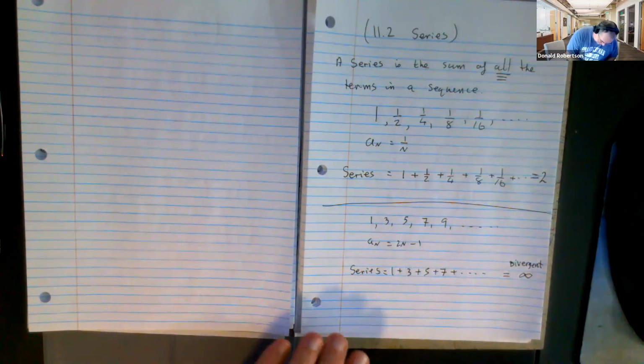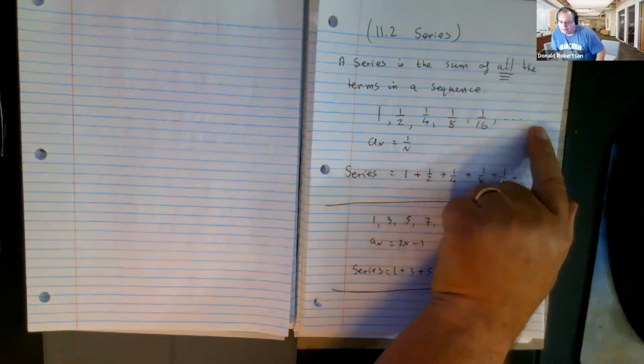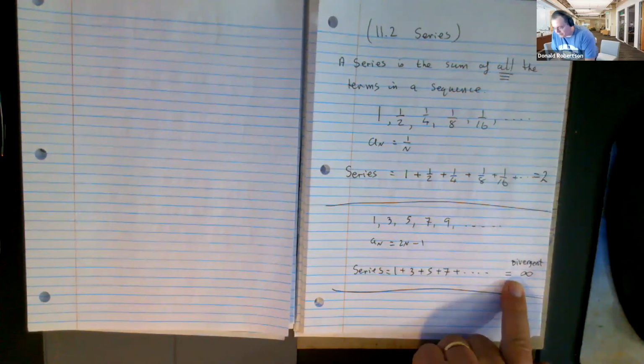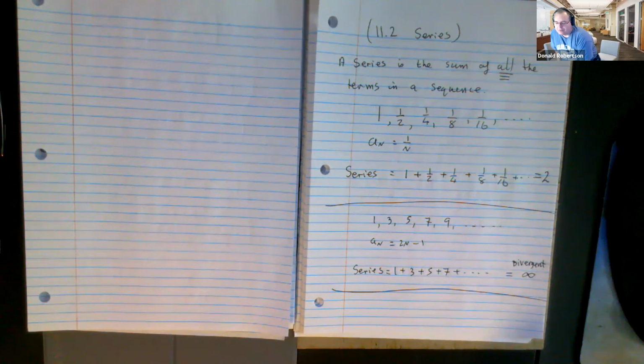And so you might think, hey, that's not hard. If the individual terms get smaller and smaller, then the series is going to add up to something, and we'll figure out what it adds up to later. And if this thing gets bigger and bigger and goes off to infinity, then obviously when you add it up, it's going to be infinite.